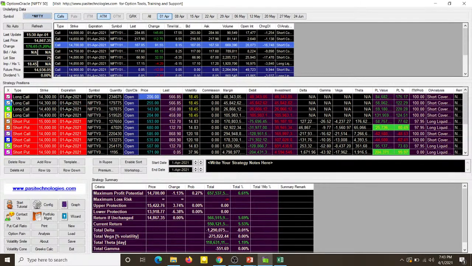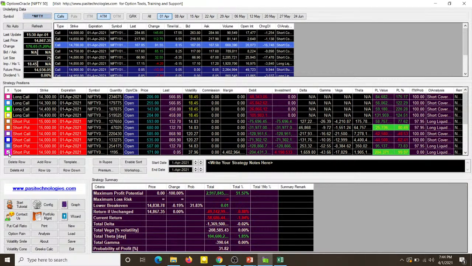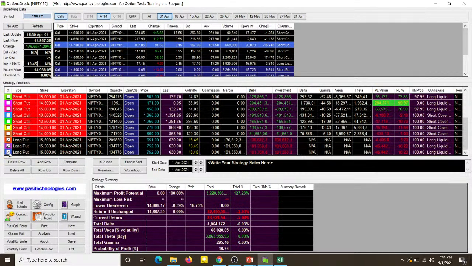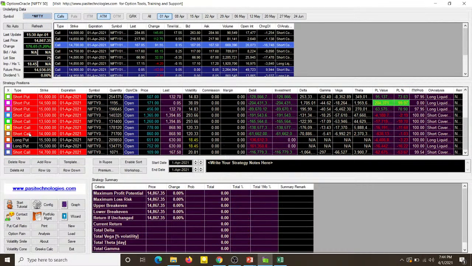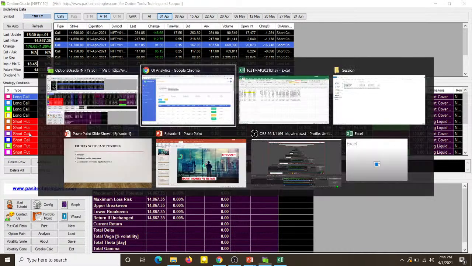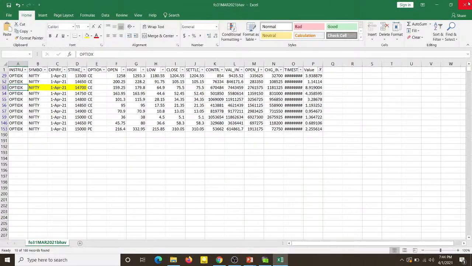I'll just unmark all the positions. So I've just added all the positions, if you see. Now let's analyze this. Let's come day by day, correct? Fine. Now let's go day by day.